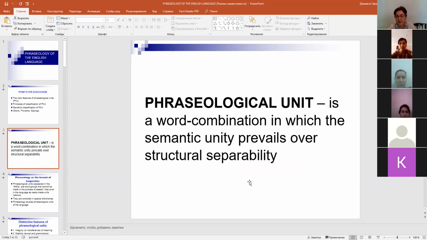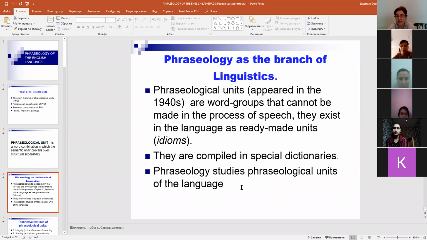It is a word combination or unit, in which the semantic unity prevails over structural separability. Phraseology as a branch of linguistics appeared in the 1940s, and it is defined as word groups that cannot be made in the process of speech. They exist in the language as ready-made units.